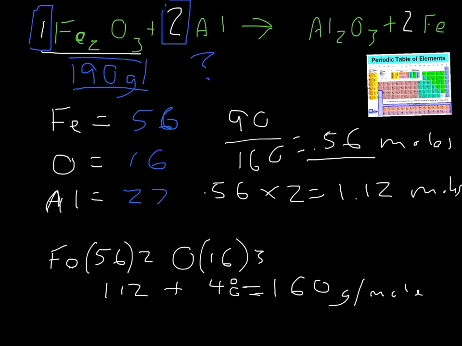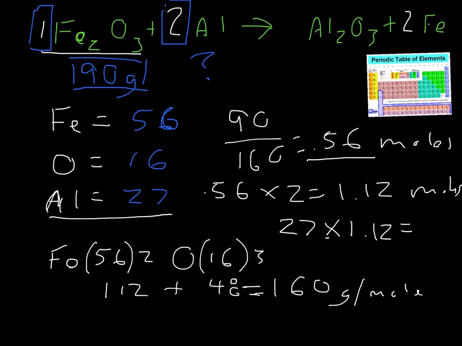So simple enough. We know our aluminum weighs 27 grams, and 27 grams represents 1 mole. So we need to figure out 1.12 moles.